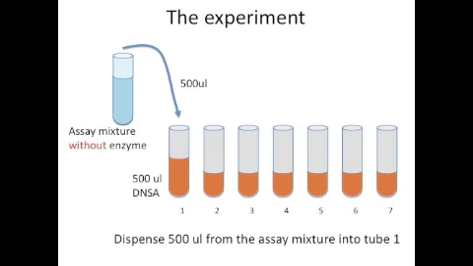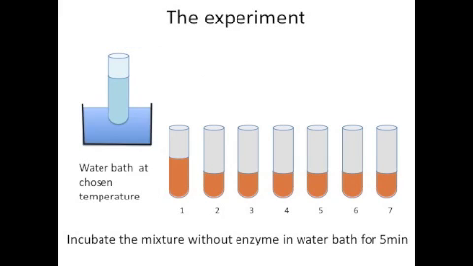Once you've prepared your assay mixture and before adding the enzyme, you should take one aliquot of 500 microliters and add it to the first tube containing DNSA. You should then incubate your tube with the assay mixture without the enzyme in a water bath at the temperature that you have selected.